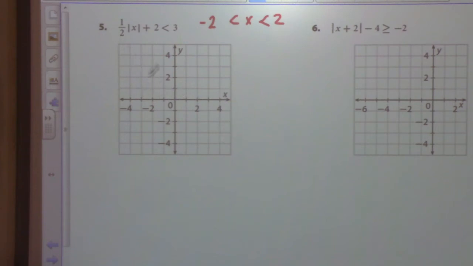Okay. We'll go ahead and graph this right side here. So here's our 3, right? So that'd be like g of x is equal to 3. And then what is our vertex going to be? 0, 2. And then our slope is 1/2.